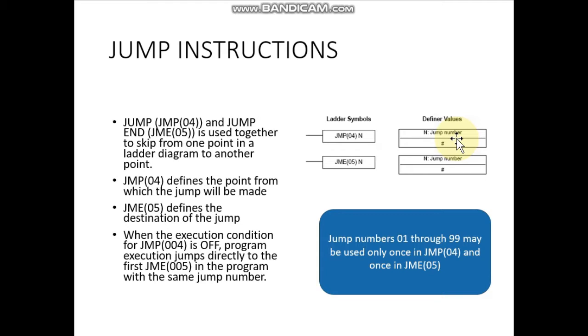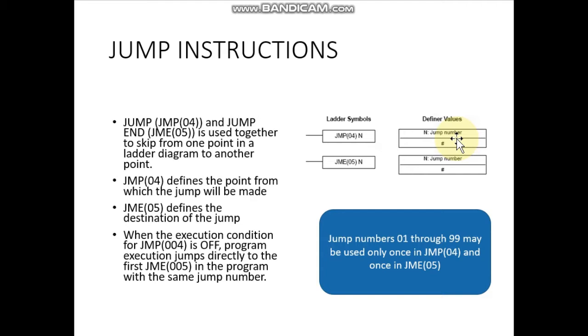It can be used only once in JMP and once in JME. So you always have JMP, for example number 1, then JME number 1. You will jump from that point to the line where JME is written. The number has to match.